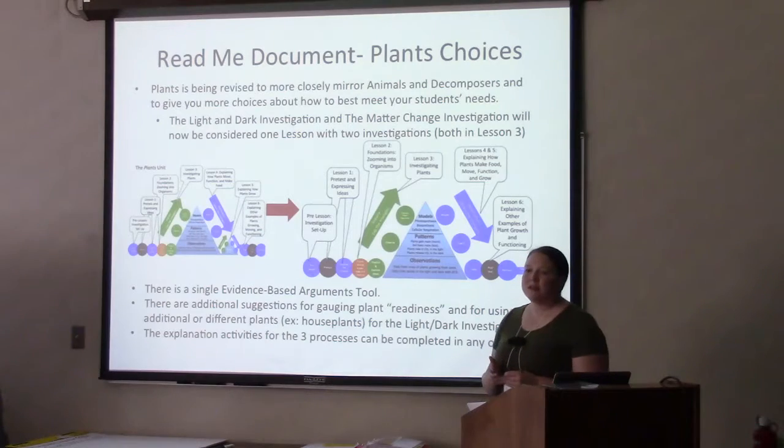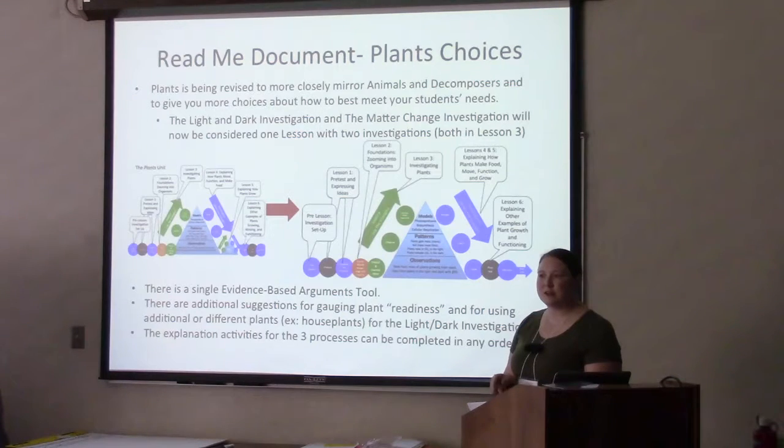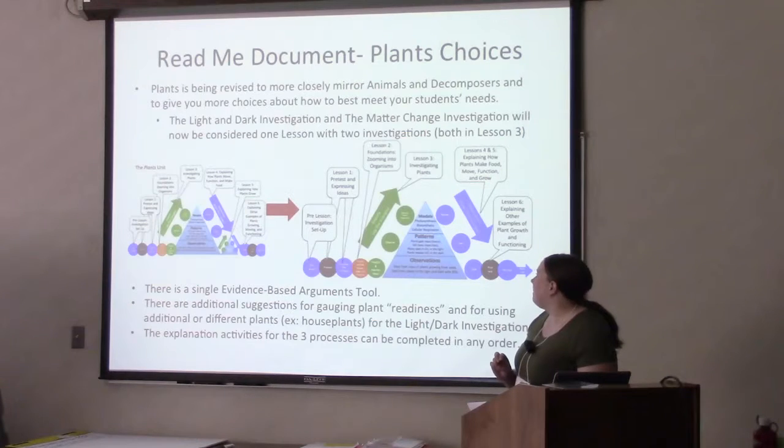That means there's going to be a single evidence-based arguments tool in the unit. Students will fill out part of it after light and dark and part of it after matter change, so they can look at how evidence across the 2 investigations informs the arguments they can make.